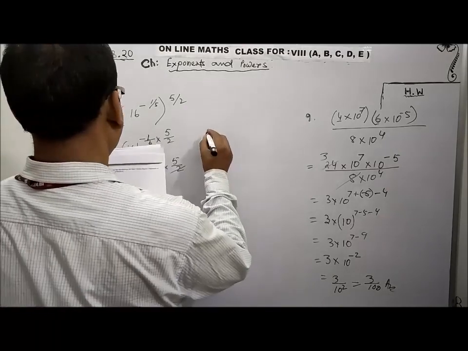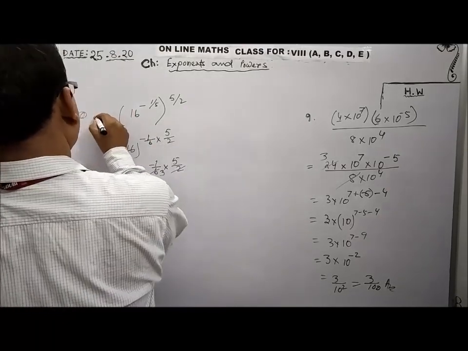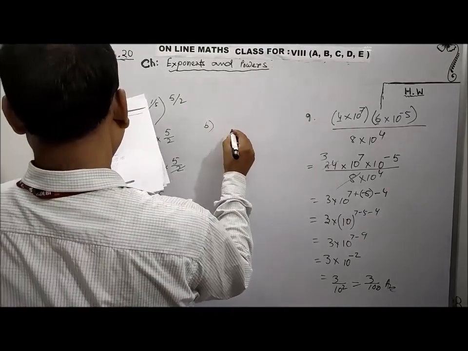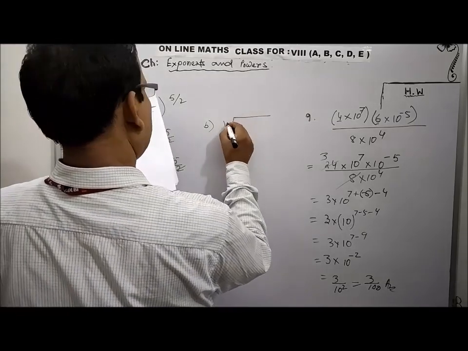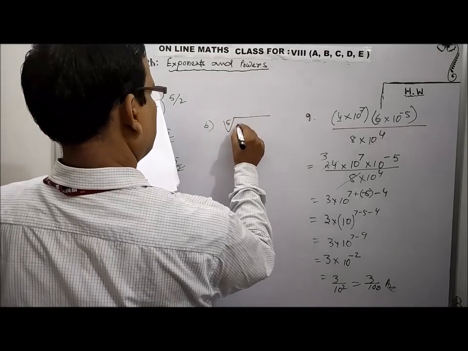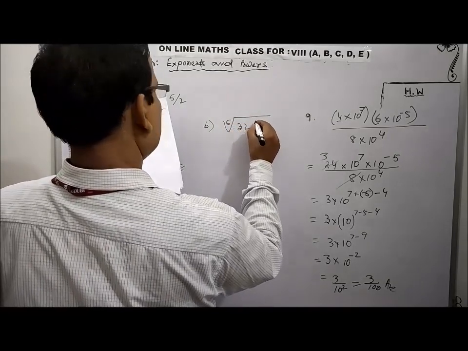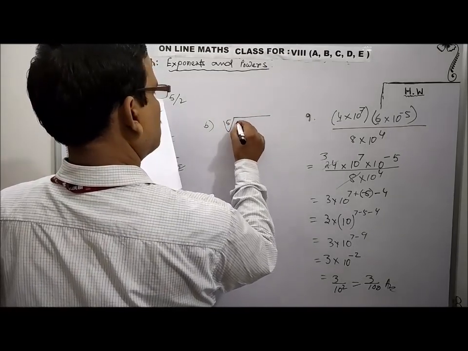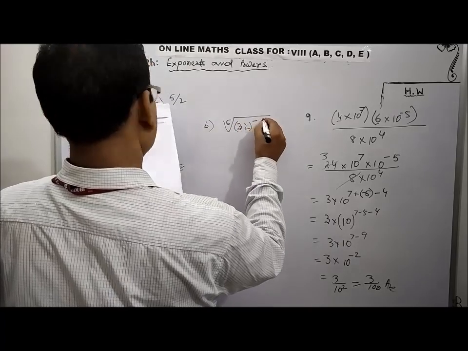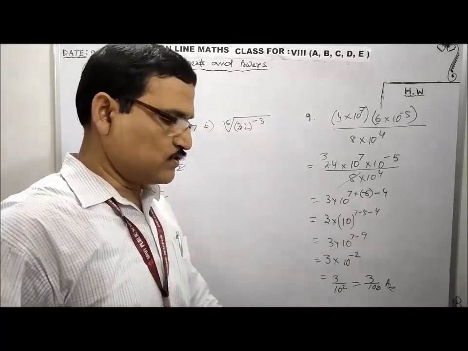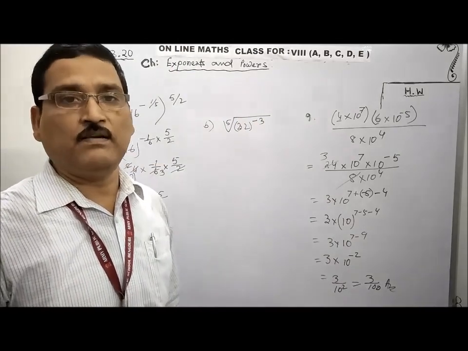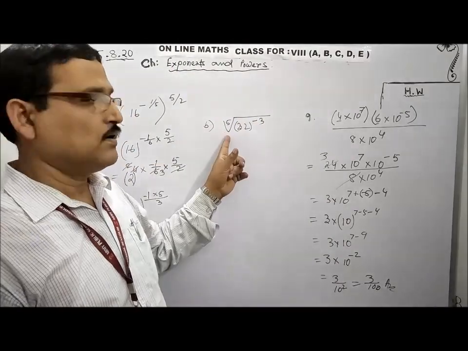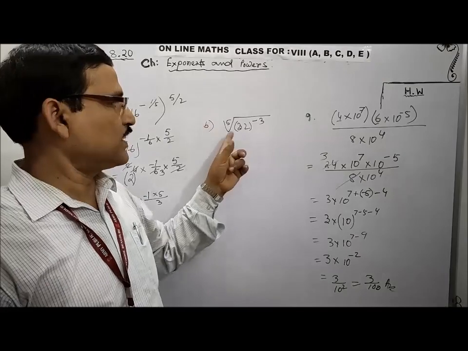Now here, this part is very interesting. I told you, cube root, fifth root of 32 raised to minus 3. So what is this representation called? Radical form, because the root order is there.